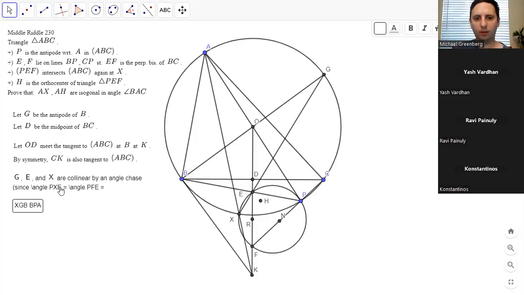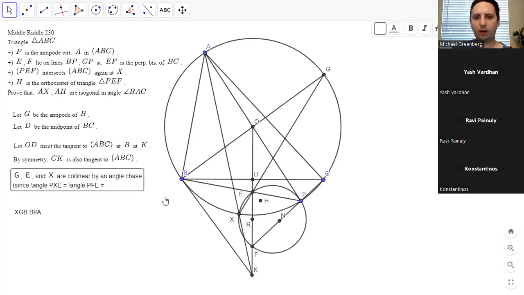Okay, so that's a rectangle. Does that prove that these are collinear, or is that just the next fact? Oh no, that proves these are. Once we know this is a rectangle, since A and P are antipodes, they meet at the midpoint, so that proves that G, E, and X are collinear.